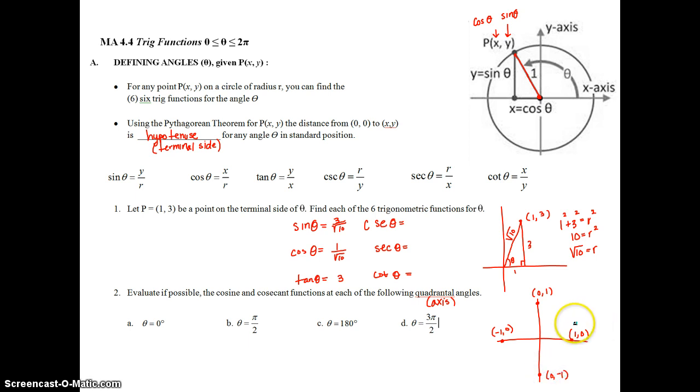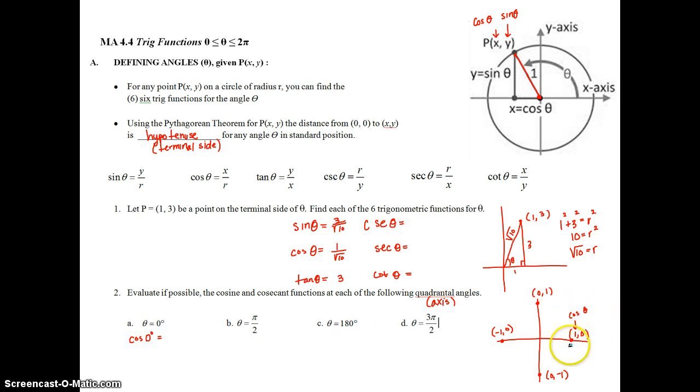Okay, and then remember, we're looking for the cosine, so that's always going to be the x value of each one of these coordinate points. So the first one says find the cosine and the secant, the cosecant of this guy right here. So the cosine is going to be the cosine of 0 degrees. Where are we going to find that?